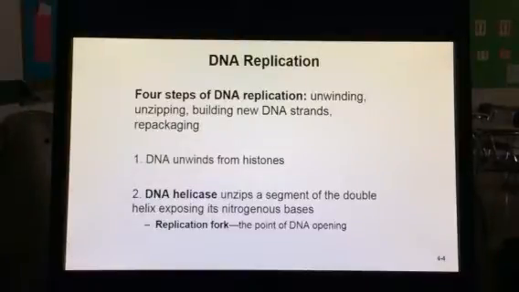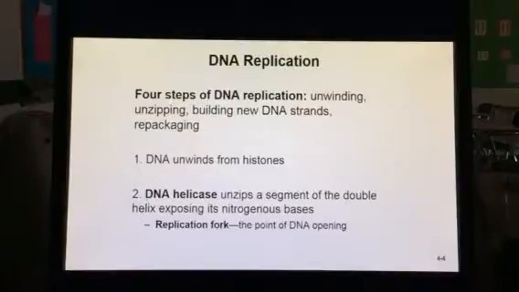Step 2 is that DNA unzips. So we've already looked at DNA as a double-stranded nucleic acid. It has 2 strands and it makes a helix shape. That means kind of like a spiral. So step 2 means that that spiral is going to unzip or separate. The process requires an enzyme called DNA helicase.